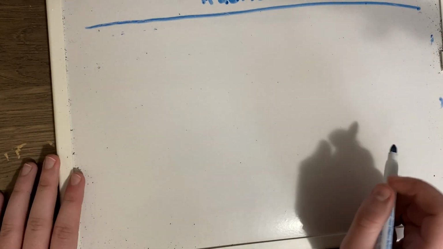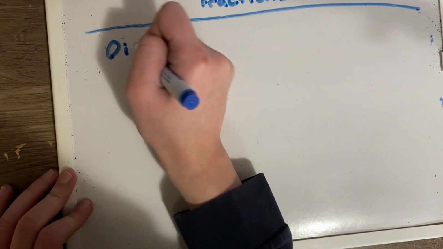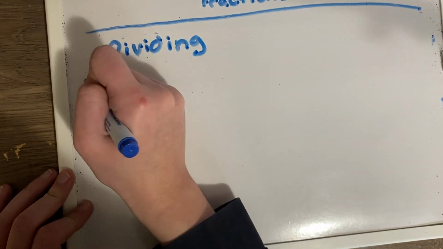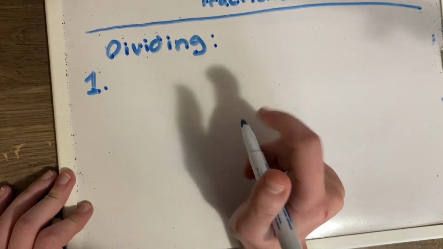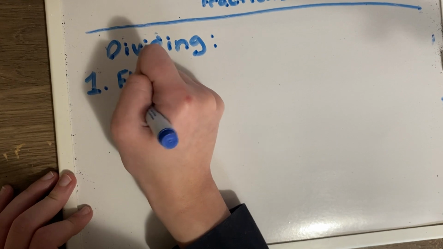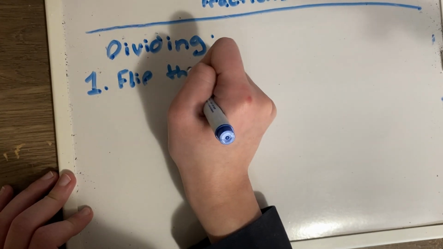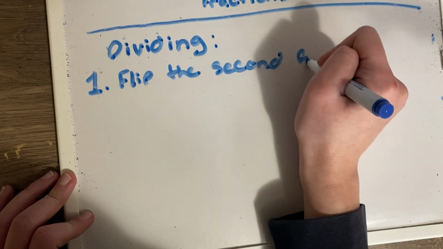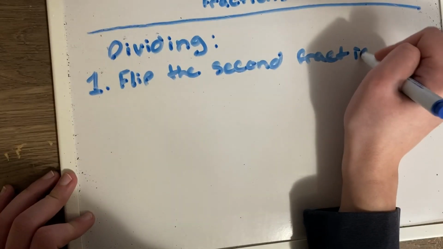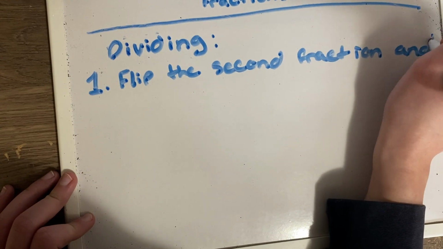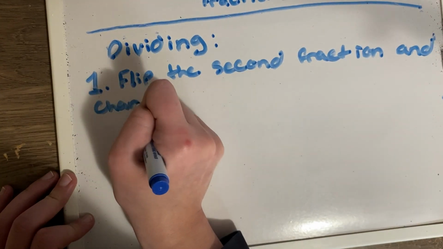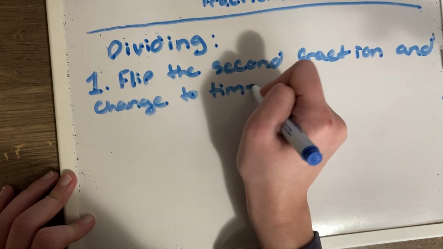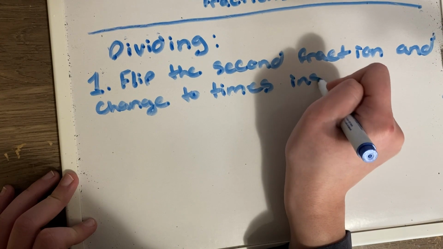Now, dividing fractions is also quite simple. All right, so the first thing you're going to do is flip the second fraction and change the operation to times instead of divide.